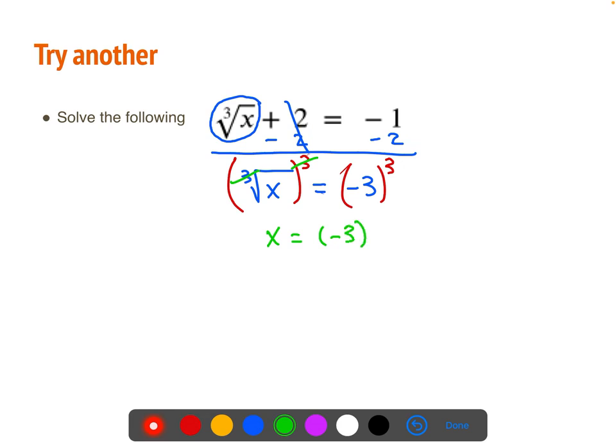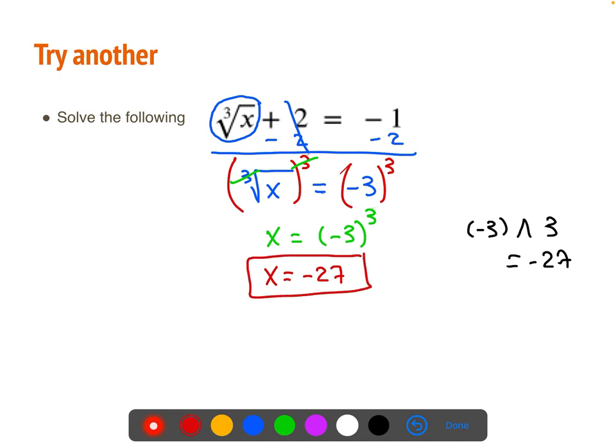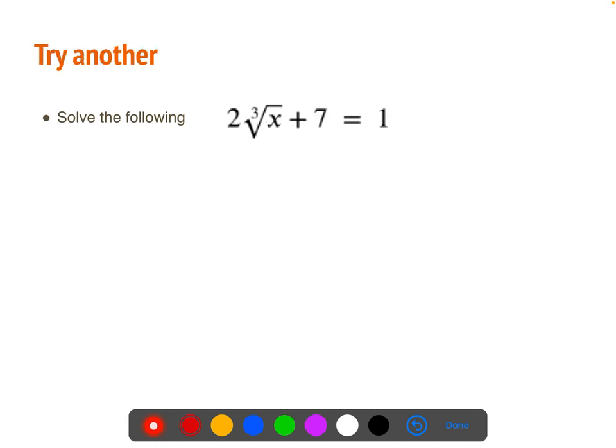Cube root and cube go bye-bye. Then I go to my friend the calculator and I put negative 3 to the 3rd power in, and it'll tell me that that's negative 27, because negative 3 times negative 3 times another negative 3 makes negative 27. So isolate, cube, and solve for x.